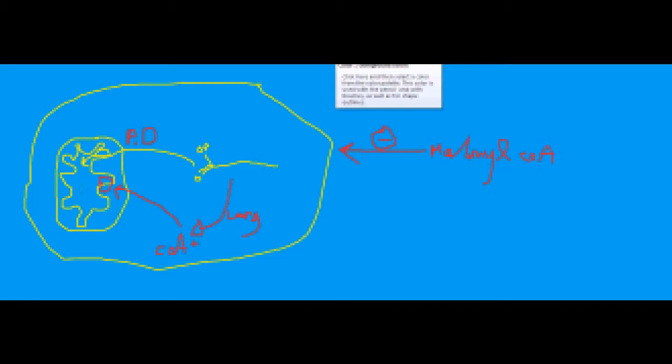So we've covered the carnitine shuttle and how fatty acids travel from the cytoplasm into the matrix, where then they're able to undergo beta oxidation, as shown here. Right.